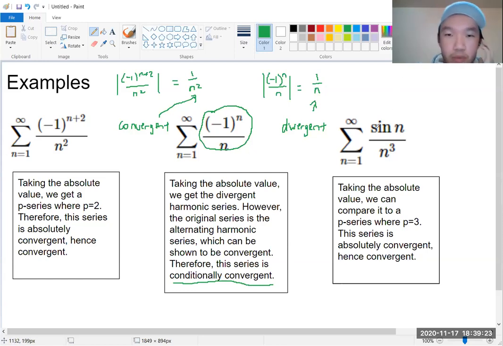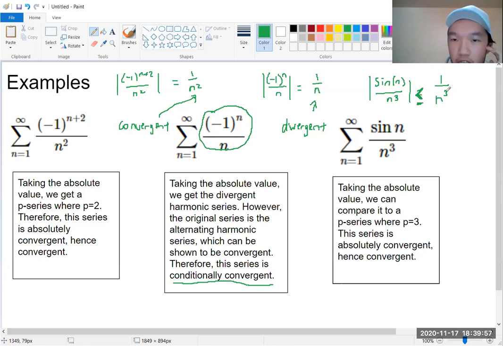And then the last one, we have sine of n over n to the third. So if you take the absolute value, then this gives you, well, sine just goes from -1 to 1. So if you take the absolute value of that, then it sort of becomes less than or equal to 1 over n to the third. And then 1 over n to the third, that's another p series, right?